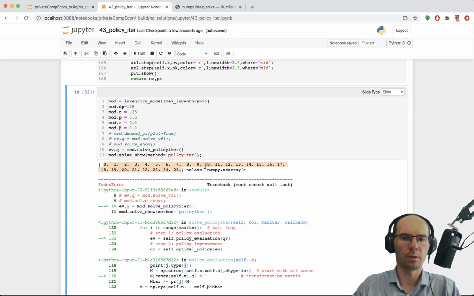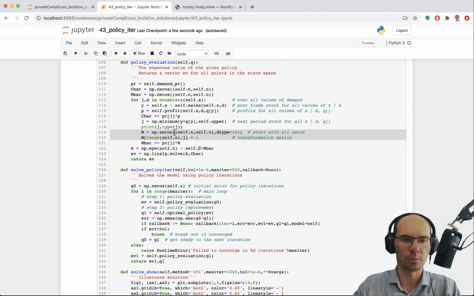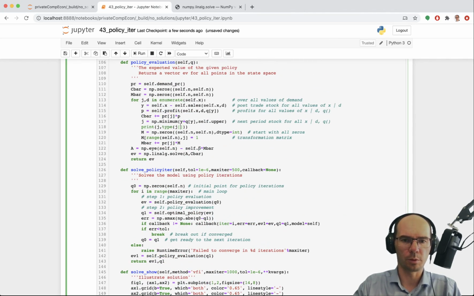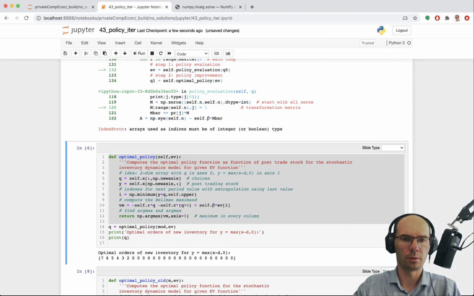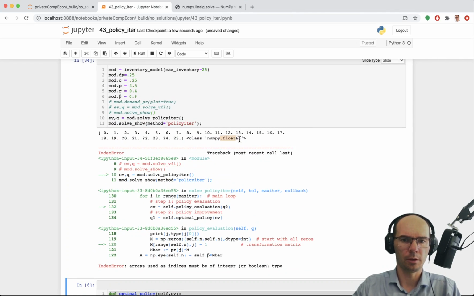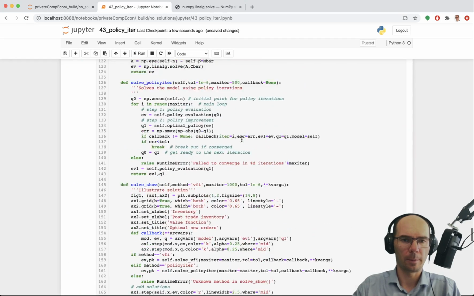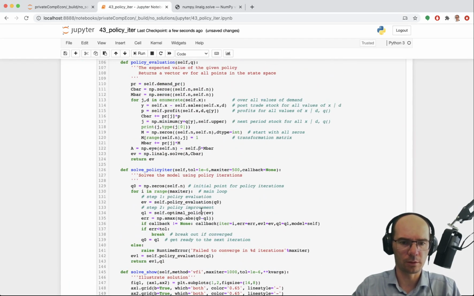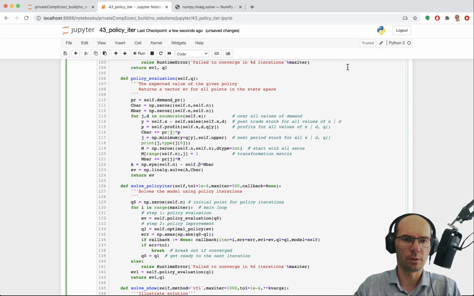So they are fine numbers, integer numbers, but are they floats? It is float 64. So how is j's type determined? Oh, wait a second. j is used for enumeration. Double use of a variable. That's not good at all.